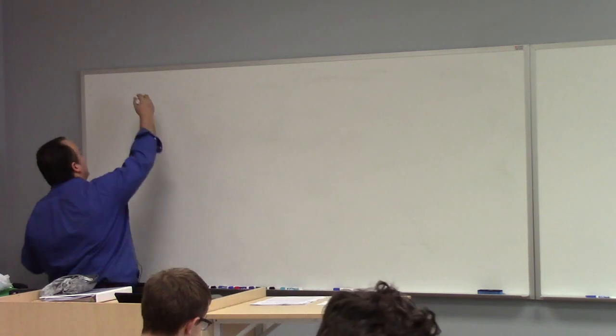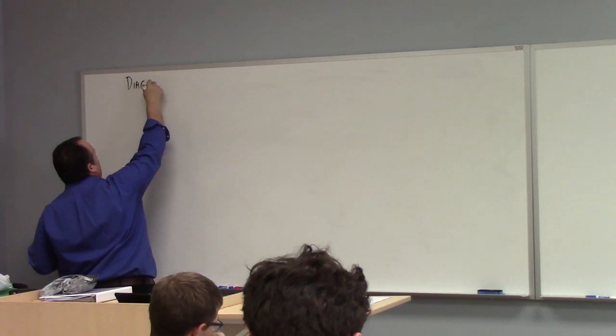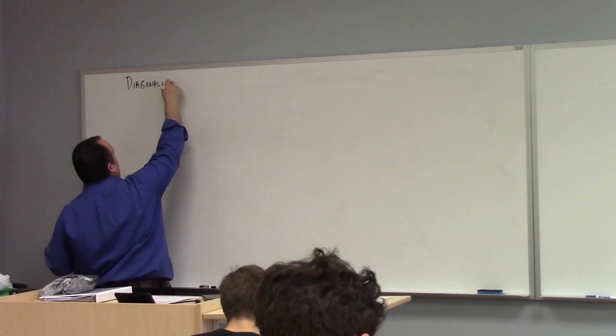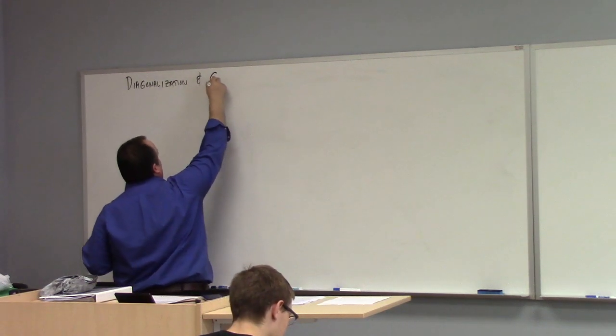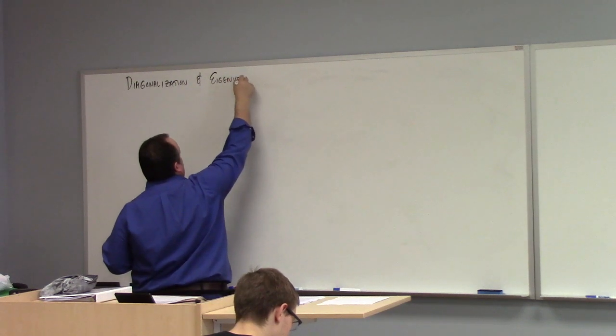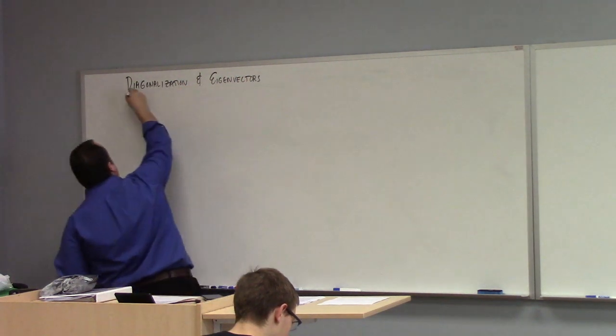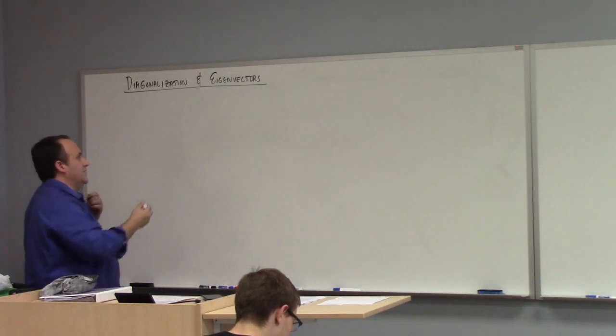So in other words, we're going to talk about diagonalization and eigenvectors today. But before I even get into that, let me just remind you what we're up against here.